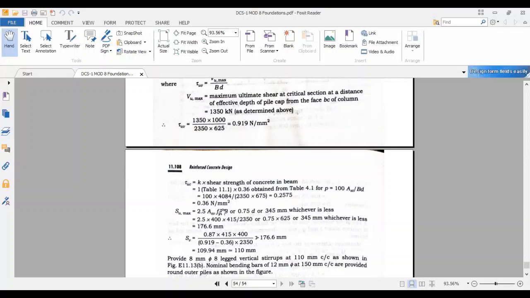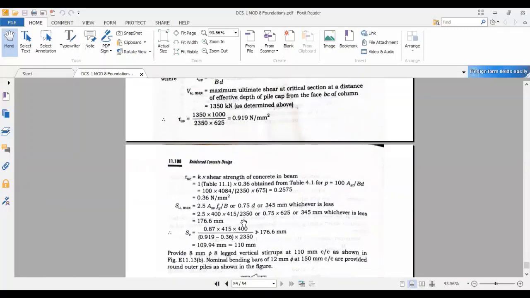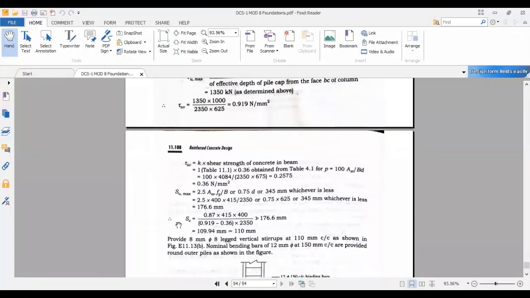So this expression becomes 2.5 multiplied by 400 multiplied by 415 upon 2350 or 0.75 into 625 or 345. So the minimum of all these values is 176.6 mm. So SV value is 0.87 multiplied by 415 multiplied by 400 divided by 0.919 minus 0.36 into 2350.